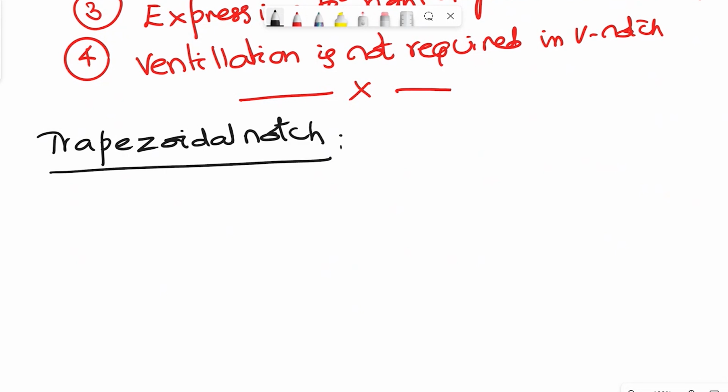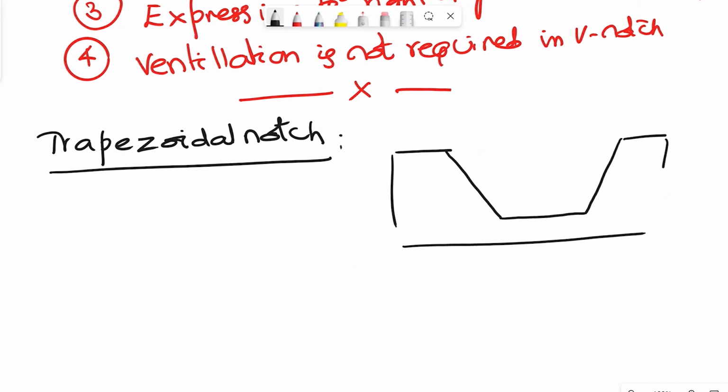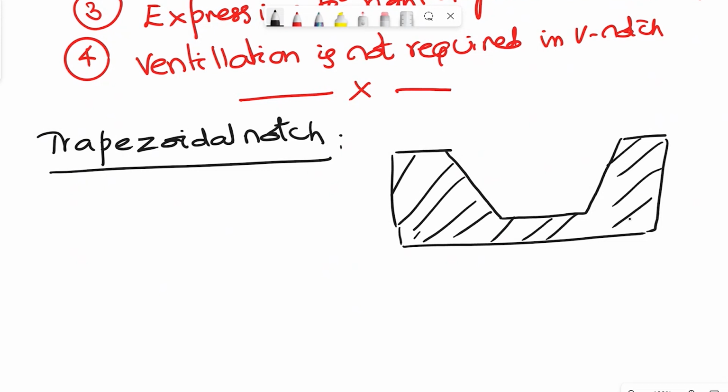What is a trapezoidal notch? A trapezoidal notch, if I draw it actually, this is what we call a trapezoidal notch. This is how it is.